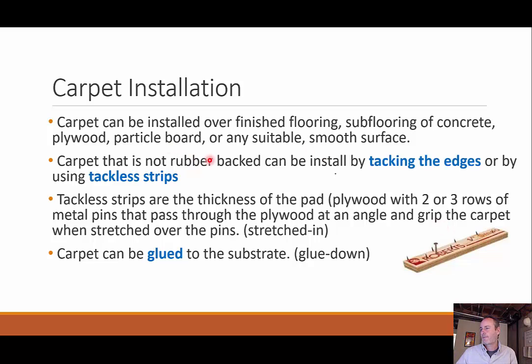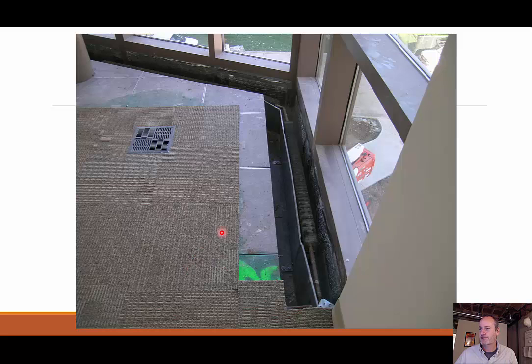As an option, you might have a rubber-backed carpet, which is basically just free-sitting and hopefully won't move. Carpet can also be glued. This is more common for carpet squares, something like that. If you have a picture of that. Yep, here's some carpet squares. So you can imagine these, I can't stretch on and use tackless strips instead. Instead, what I would do is glue it onto this subfloor.